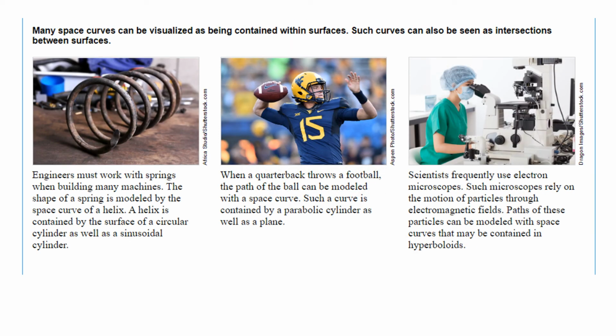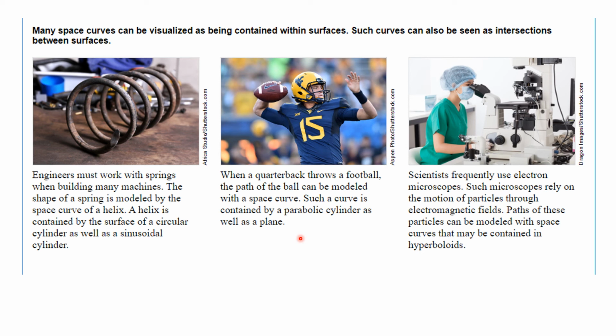Many space curves can be visualized as being contained within surfaces. Such curves can also be seen as intersections between surfaces. So engineers often work with springs when building machines. The shape of a spring is modeled by that of the space curve of a helix. And a helix is contained by the surface of a circular cylinder as well as a sinusoidal cylinder. When a quarterback throws a football, the path of the ball can be modeled with a space curve.